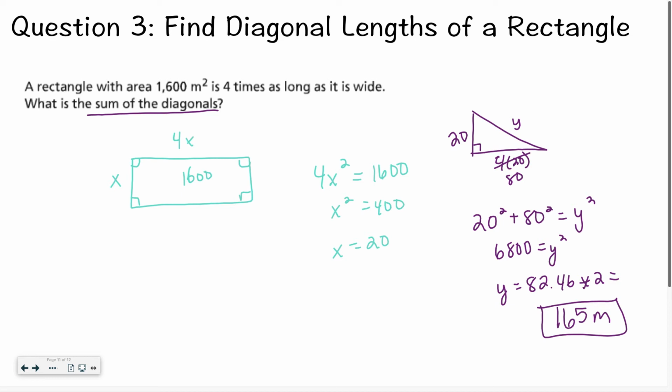If I do Pythagorean theorem with 20 squared plus 80 squared, I'm left with 6,800. If I take the square root of that, it's approximately 82.46. And that gives me one diagonal, but the question was, what is the sum of the diagonals? That means I need to add 2 congruent diagonals together. So 82.46 times 2 gives you the 165 meters.